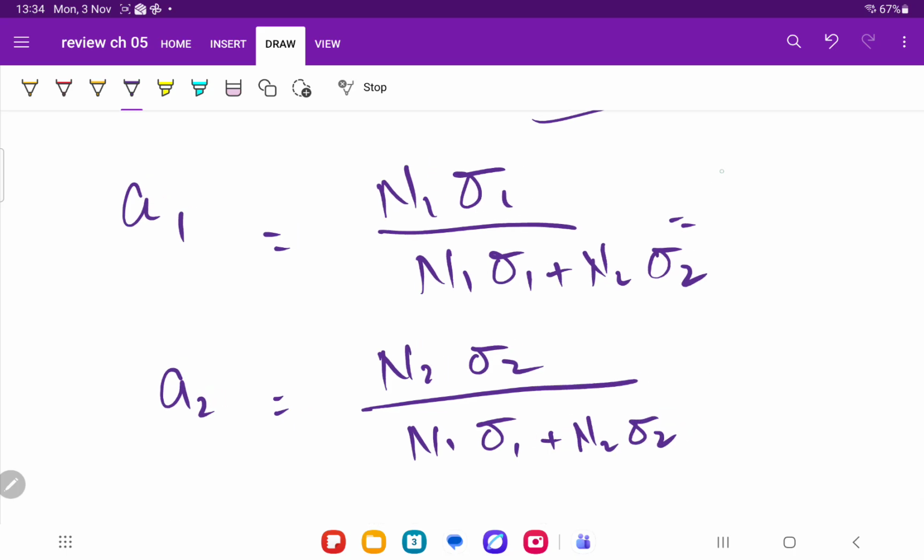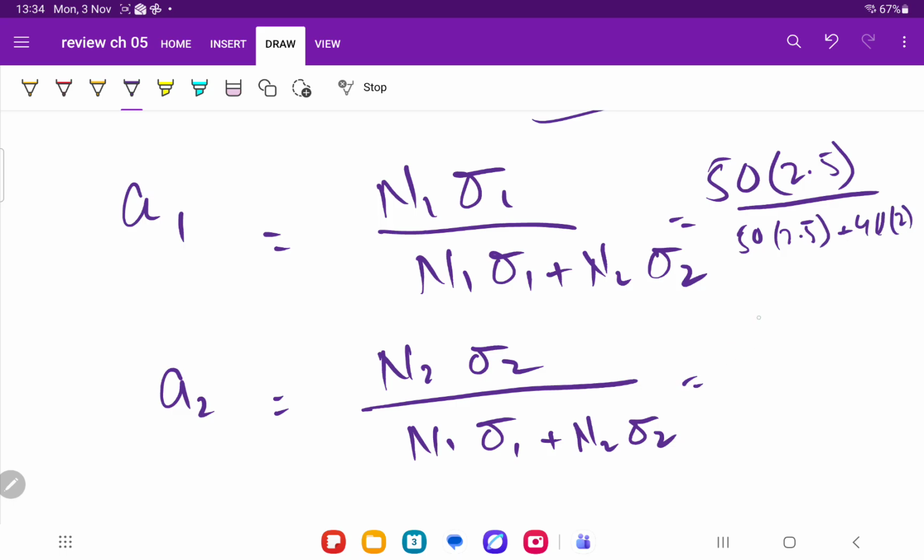N1 is 50 multiplied by 2.5, and in the denominator 50 into 2.5, 40 into 2. Same here, 40 into 2 over 50 into 2.5 plus 40 into 2.